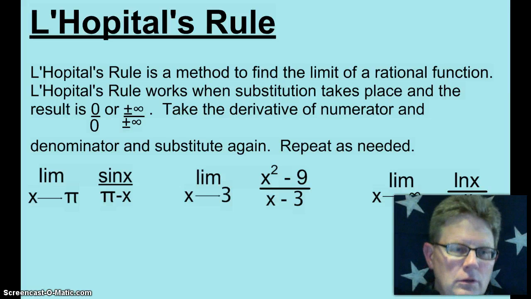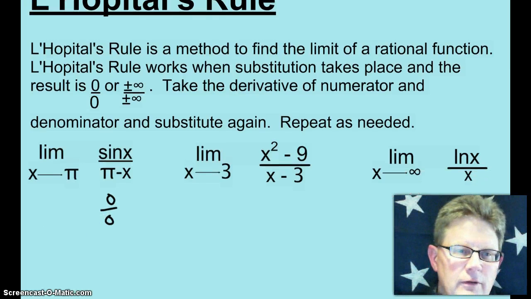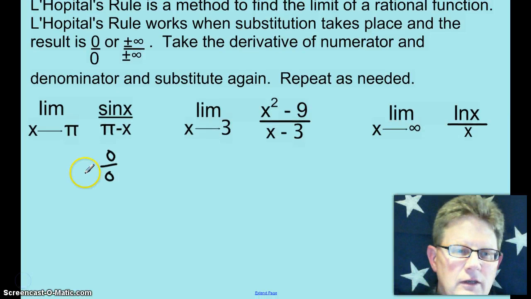Alright, so the limit as x approaches pi of sine of x over pi minus x. Sine of pi is 0, so we get 0 over 0 when we replace. So what we're going to do is take the derivative of sine x, and we're going to make that cosine x.